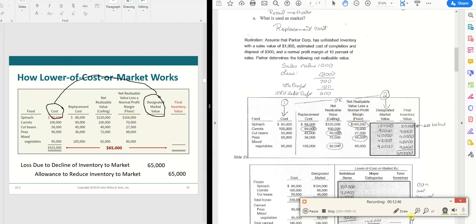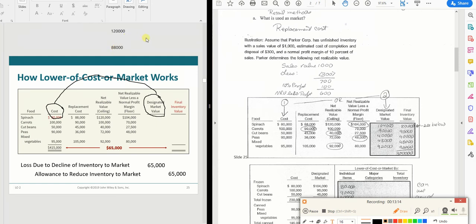What that actually looks like, let me see if I can get some text going here. Let's just do the first one, spinach. Let me see if I can type in the numbers. So we have a net realizable value, the ceiling, of 120,000. Okay, and I have the floor of 88,000.